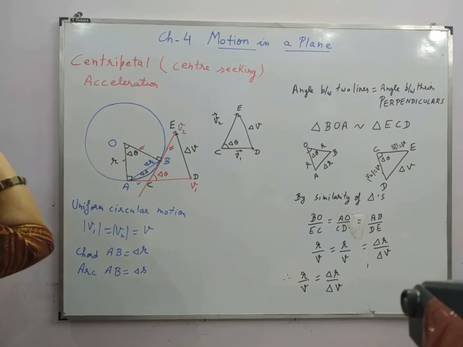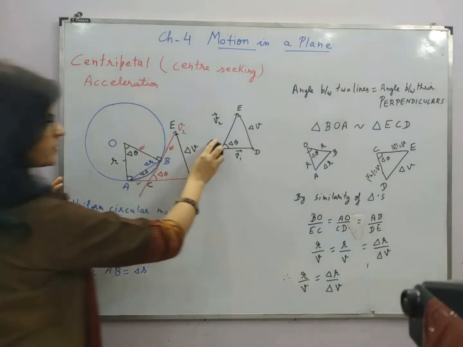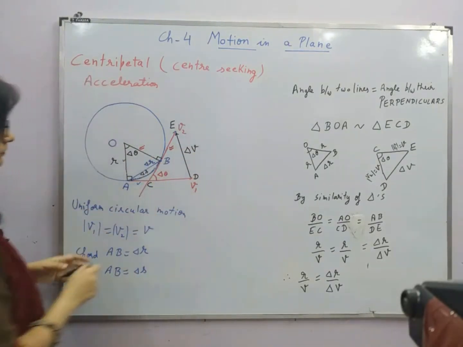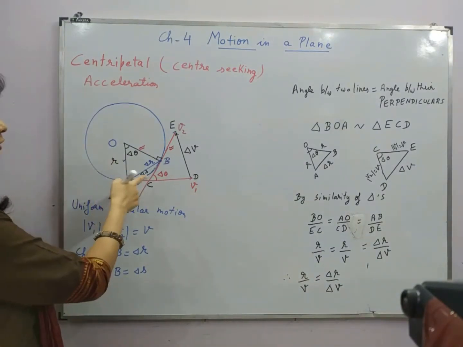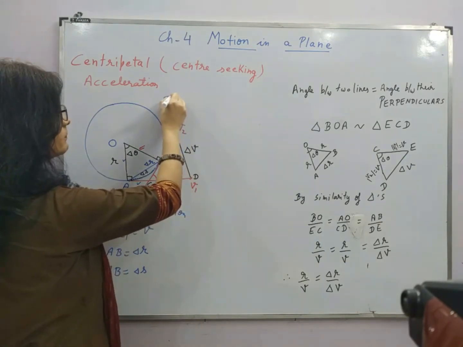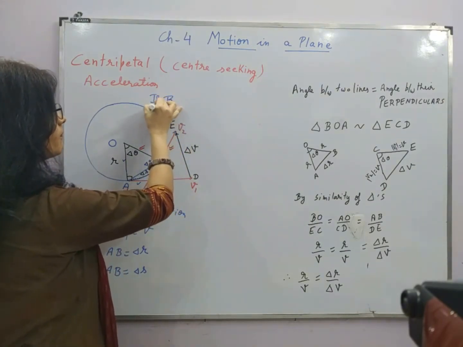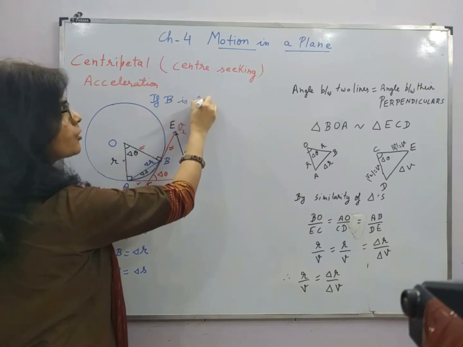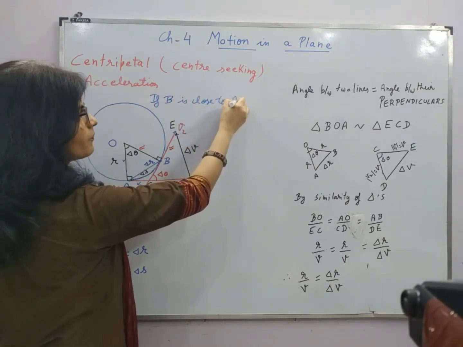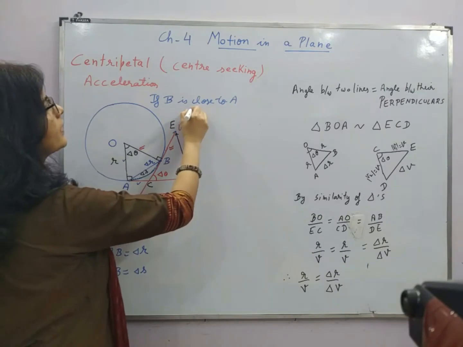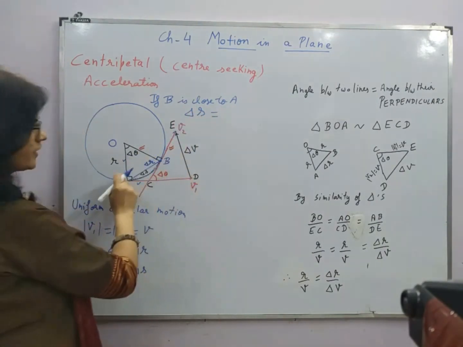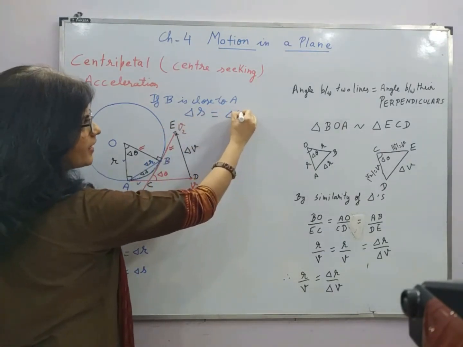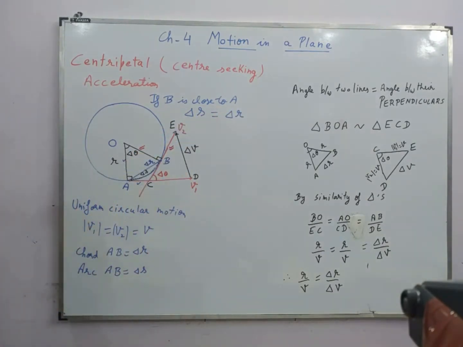So from here, I'm rubbing this diagram now, and just one thing I want to discuss before rubbing it: if B is close to A, then the arc length delta S is equal to this chord length delta R. If this is clear from the figure, now I think I can rub the board, right?